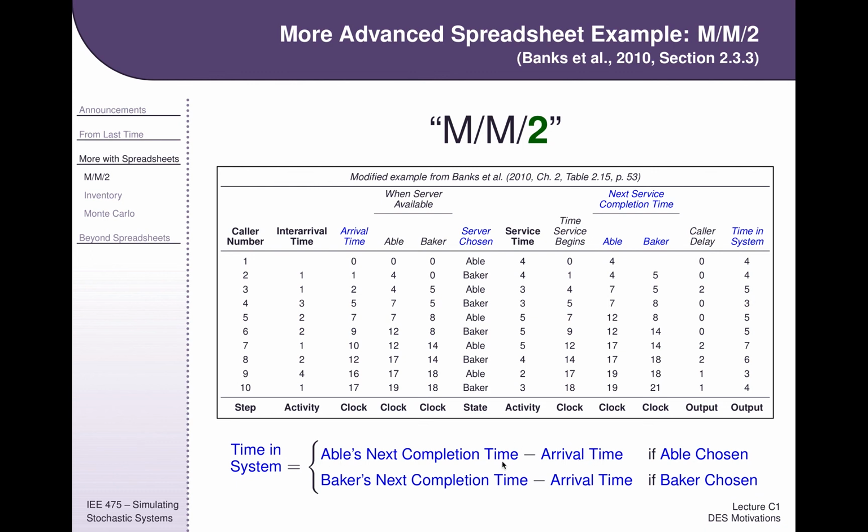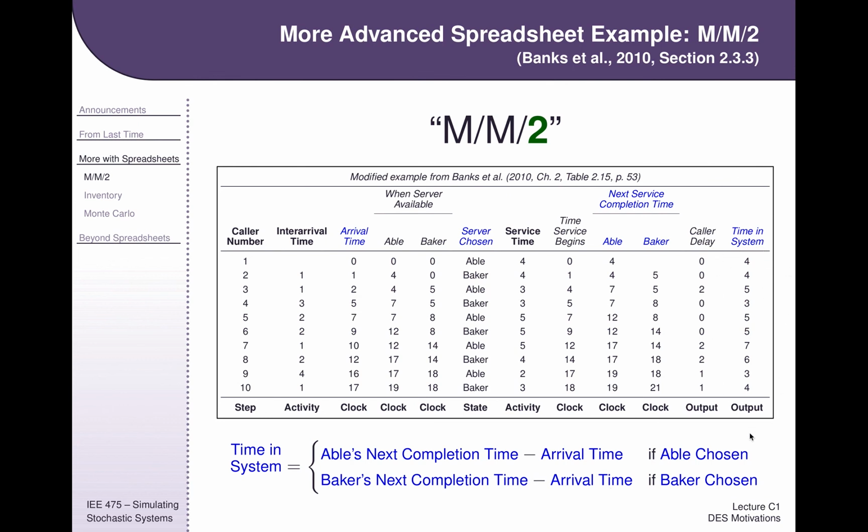Able's next completion will be when this customer is out, because this customer was handled by Able. And so Able's next completion minus the arrival time will be the response time for this customer. If this customer was handled by Baker, then it's going to be Baker's next completion time minus the arrival time. And that ends up giving us the response time for all the customers.